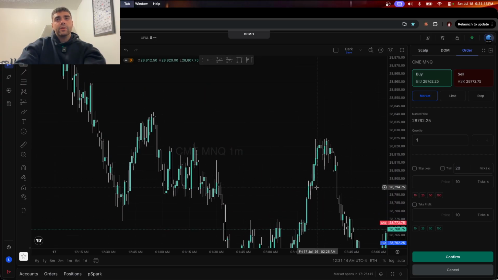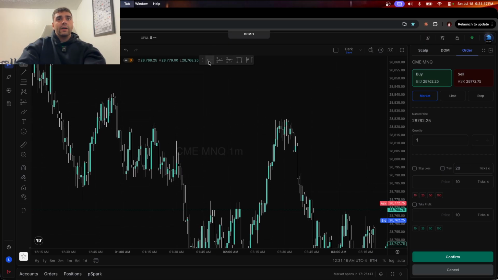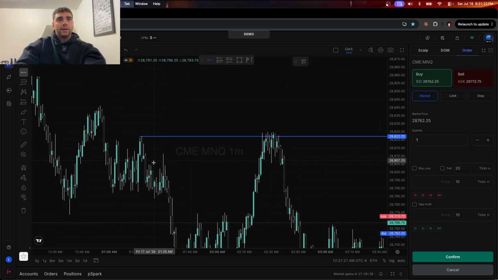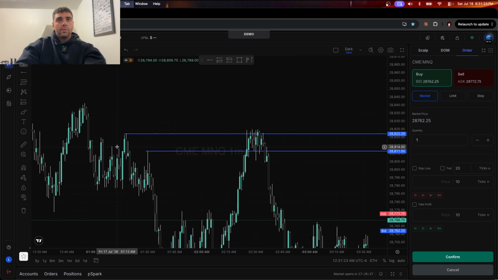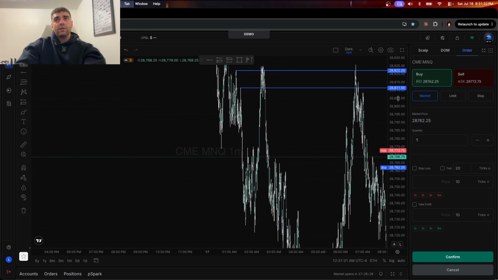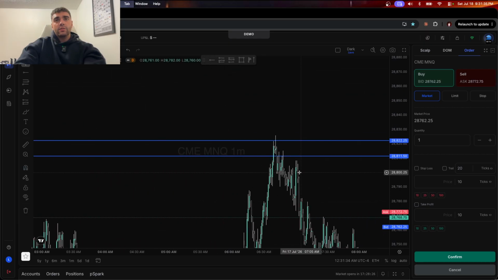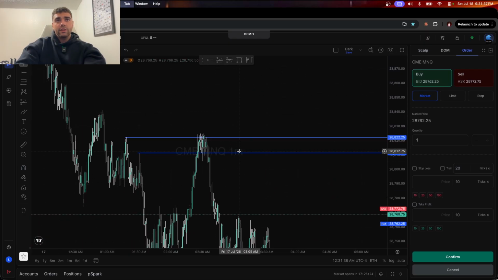Okay, yeah, so we had a high here, and a high here, where price came through, went up, kind of grabbed our rocket fuel. It looks like it consolidated for a little bit here, and then decided to make a big move down. So that is what happened. It came up, grabbed a bunch of liquidity, and moved down, okay?